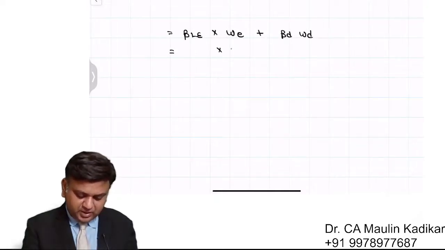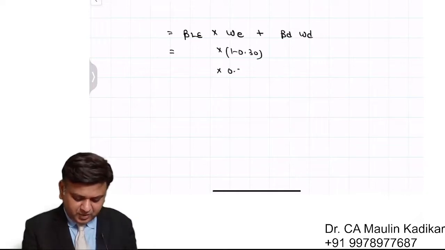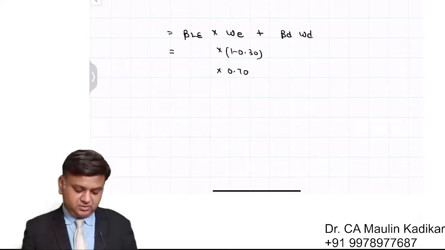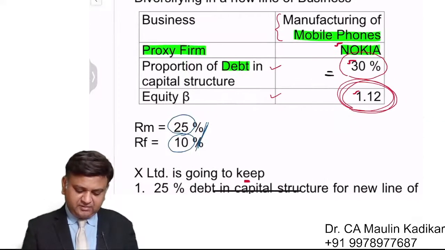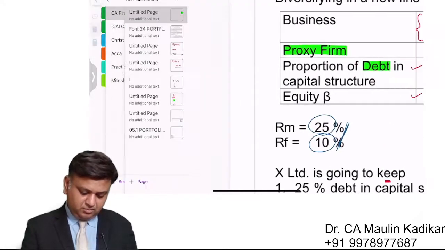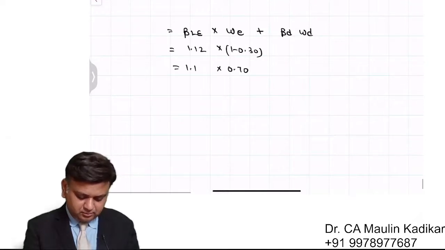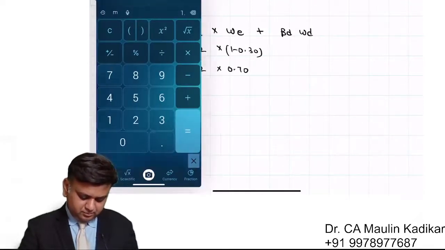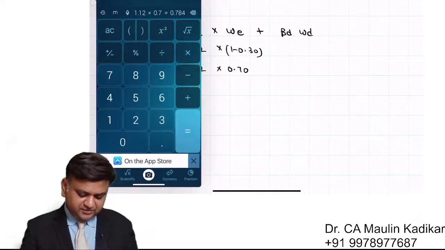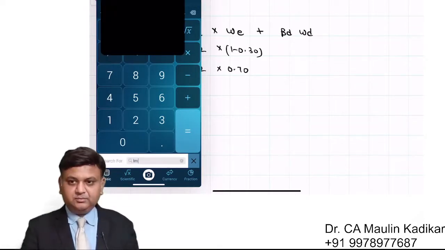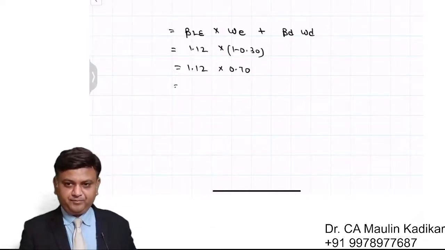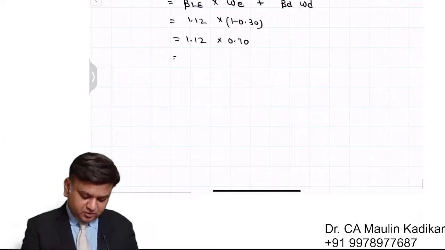So this is 1 minus 0.3, तो ये हो गया 0.7. बीटा ऑफ लीवर्ड इक्विटी कितना है 1.12, this is 1.12 into 0.7, that is 0.784. So it is 0.784.